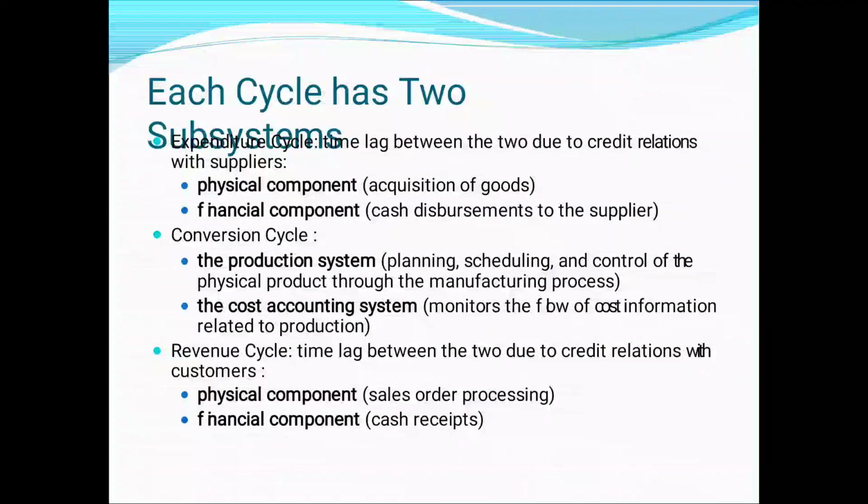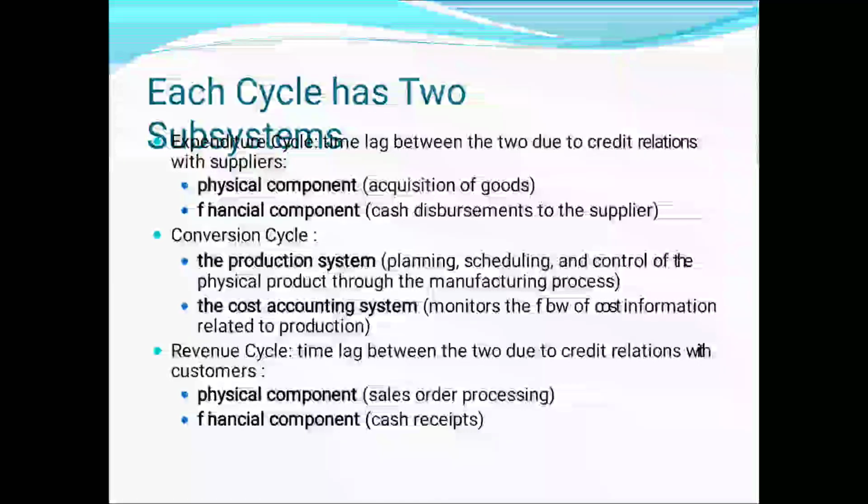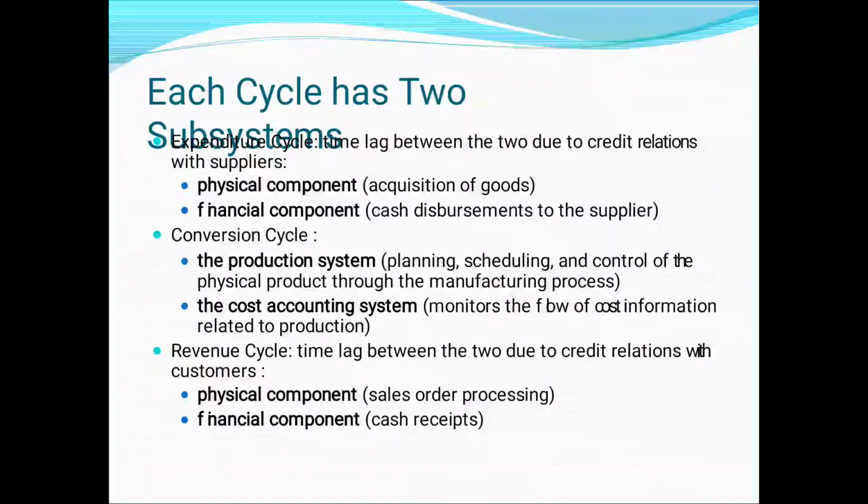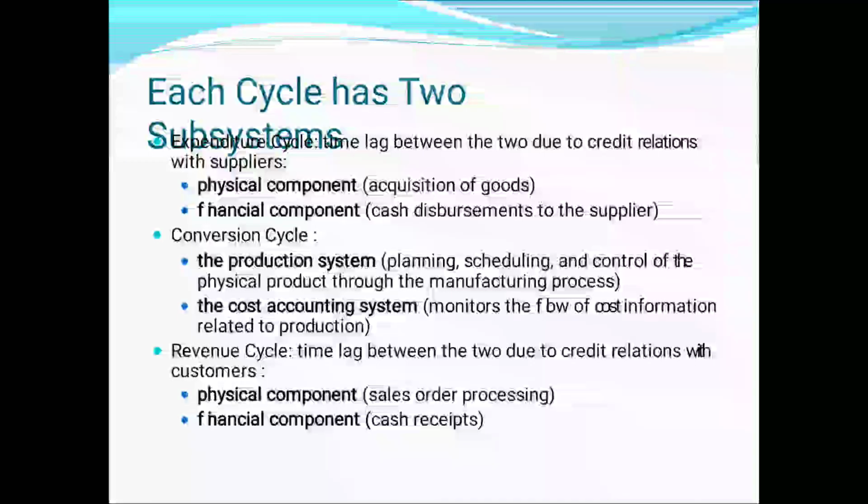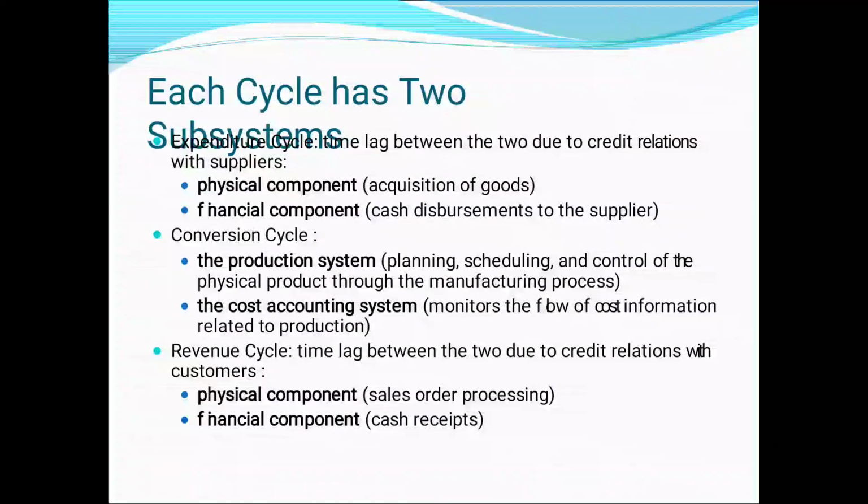So, consider na lang natin sa isang retail company that needs to replenish its inventory of electronics. So, yung physical component of the expenditure cycle, syempre, it involves activities such as identifying the need for new inventory, pag-select ng suppliers, creating purchase orders, pag-receive ng goods, and syempre, yung pag-inspect natin ng quality ng goods na yan.